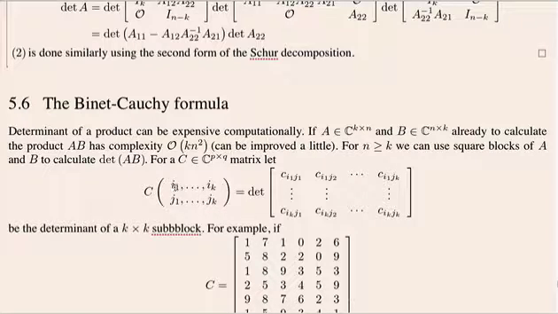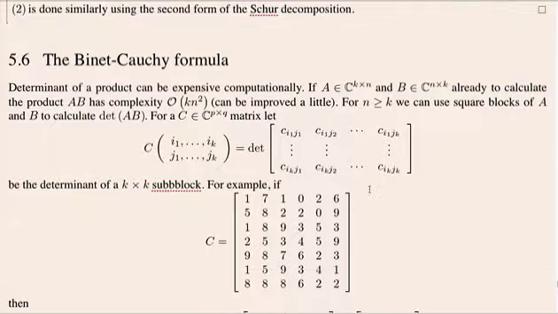So the I's, the indices in the first row, indicate the rows that we are choosing from the C matrix, and the J's in the second row are the columns that we are choosing. So we have the I1 through IK rows and the J1 through JK columns. Because we have K rows and K columns, this is a K by K matrix, and it's called a K by K sub-block.